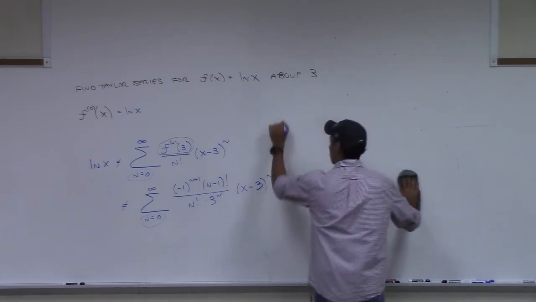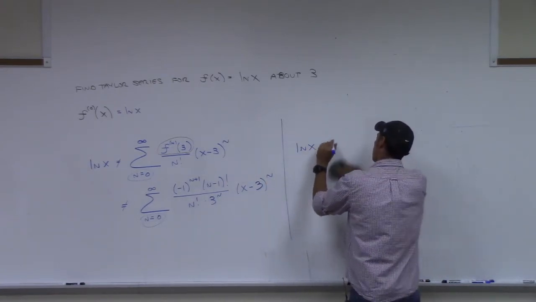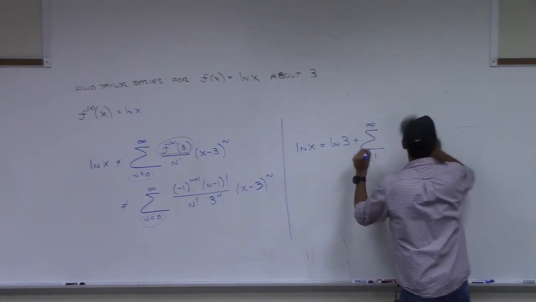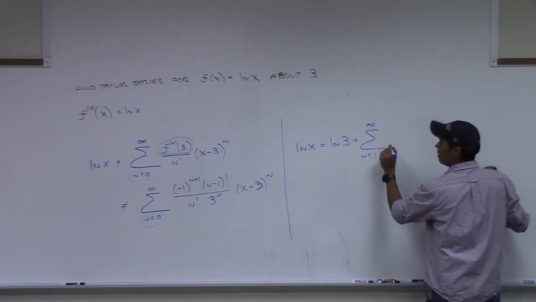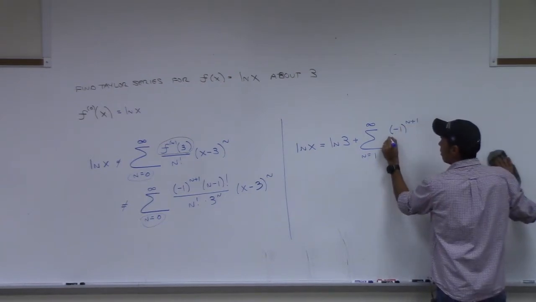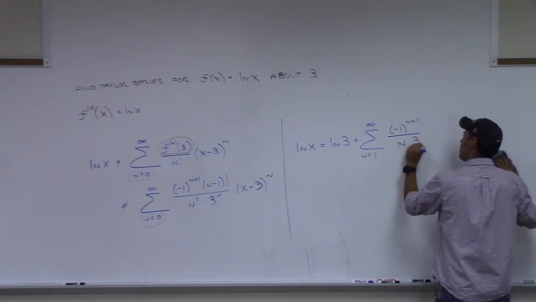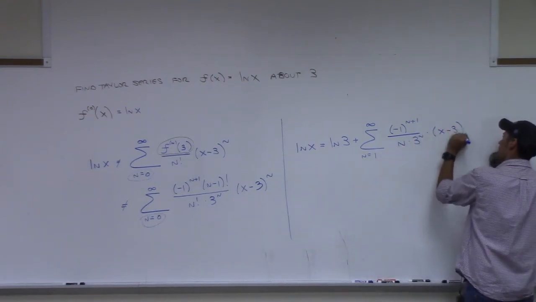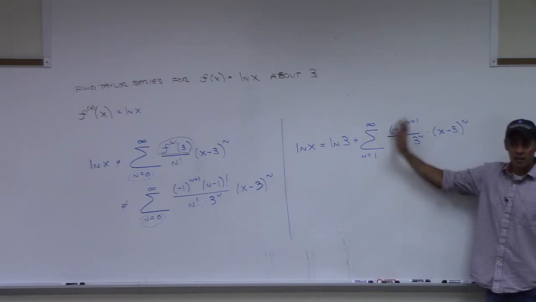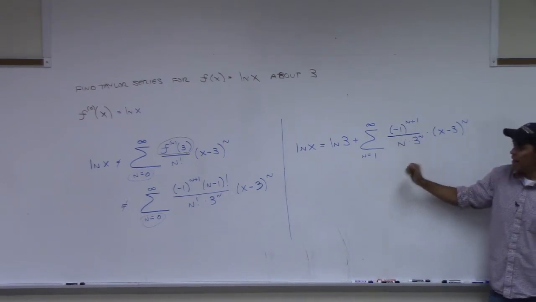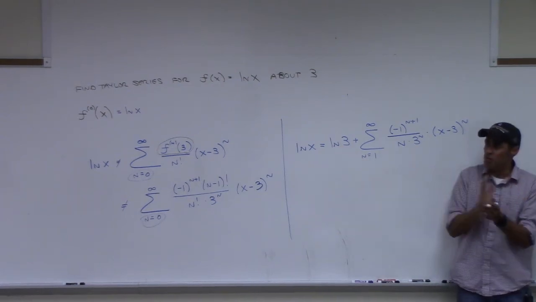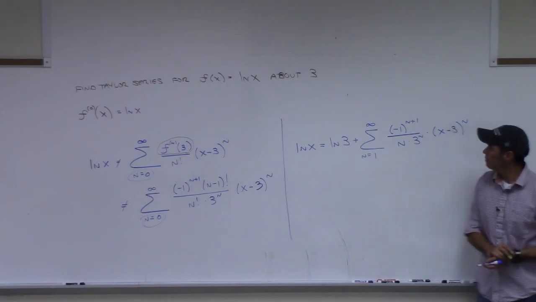So what I'm going to do is this: natural log x equals natural log 3 plus the sum from n equals 1 to infinity of negative 1 to the n plus 1 over n times 3 to the n times x minus 3 to the n. There we go. So I had to change this to start at 1 so that that formula would work. And I had to include that very first piece, which was the function's value at 3. Right?